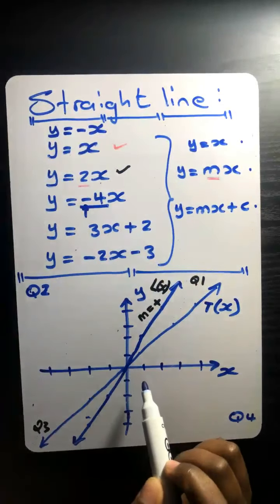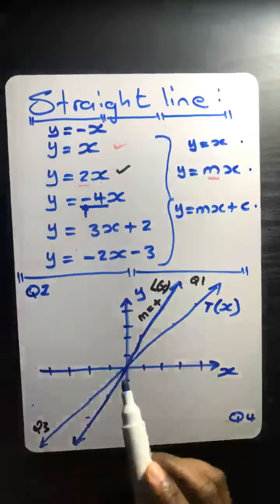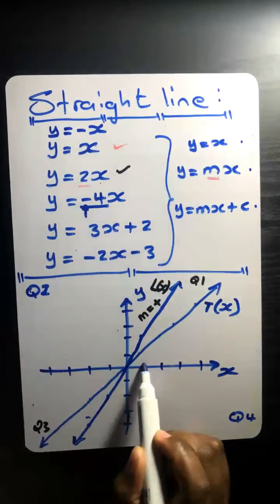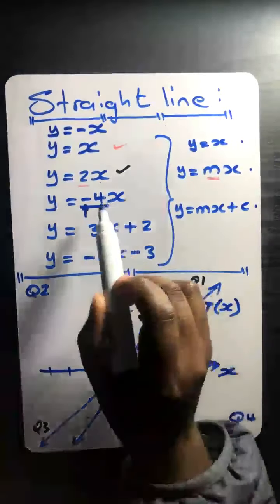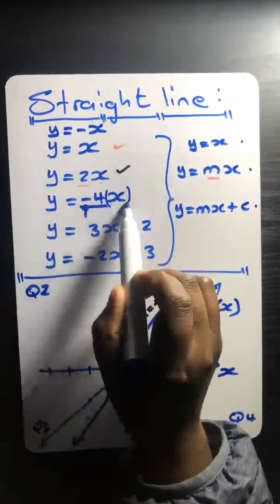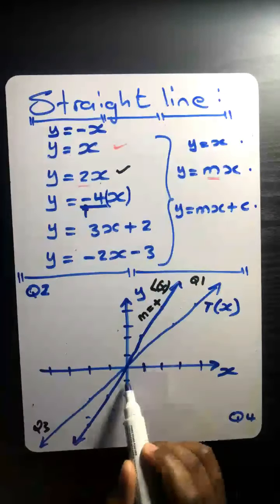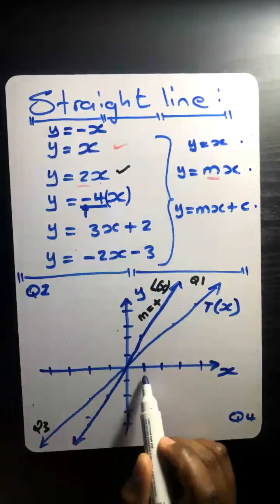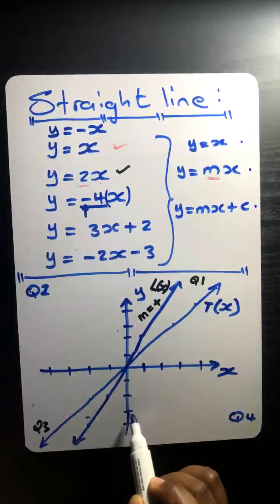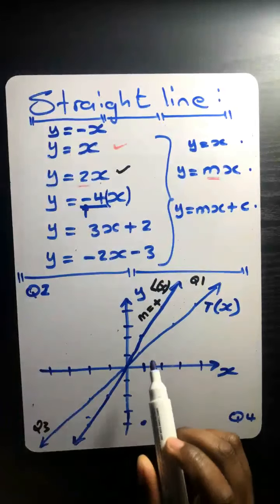So that means, in short, where let's say x is 1, you just substitute the x value with 1 there, then the y value is going to be -4. So where that is 1, you are going to have -1, 2, 3, 4. You are going to have a point over there, which means same applies.